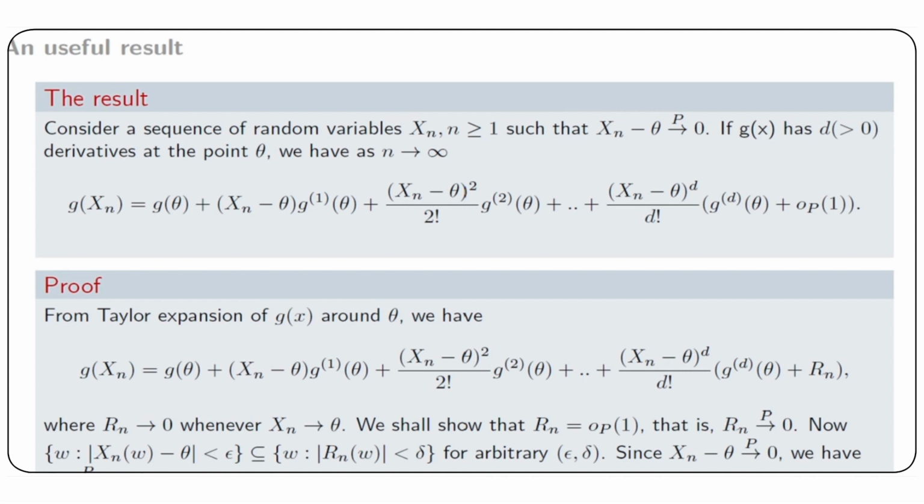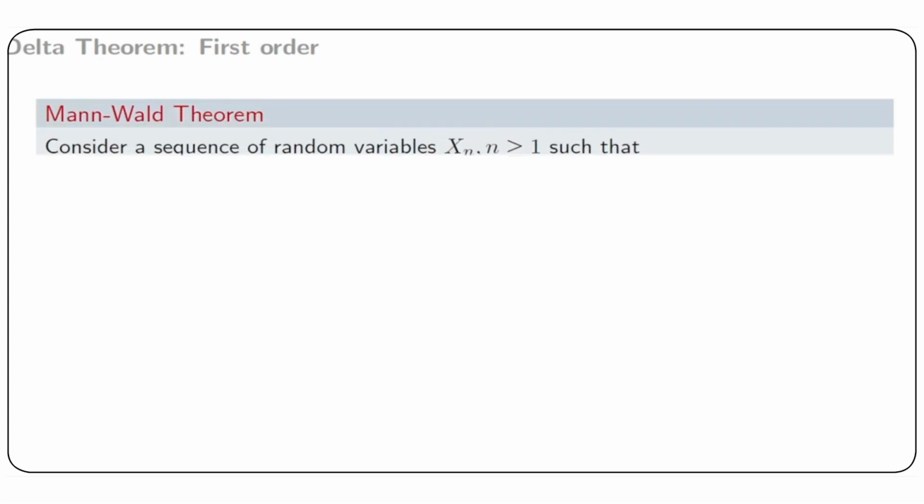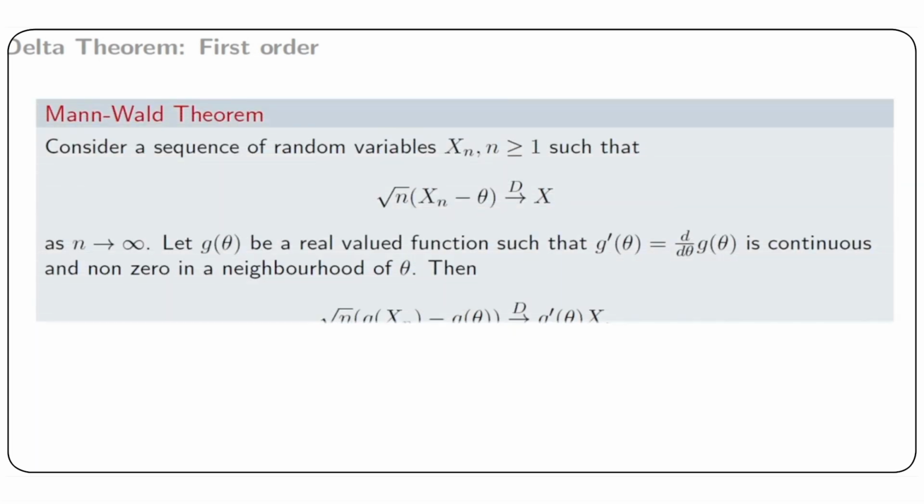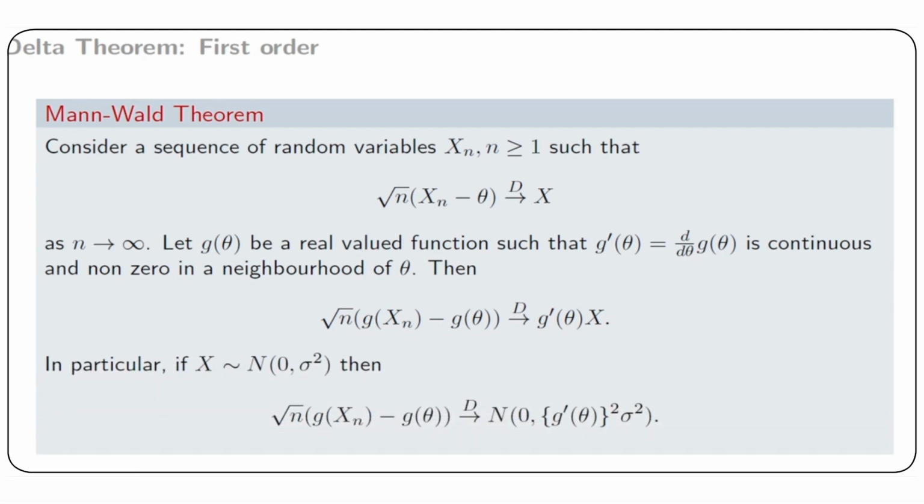Now we are in a position to describe our delta theorem of first order. This particular result is known as the Mann-Wald theorem. Consider a sequence of random variables Xn such that square root of n times (Xn minus theta) converges in distribution to X. Let g be a real valued function such that the first derivative of g is continuous and non-zero in a neighborhood of theta.